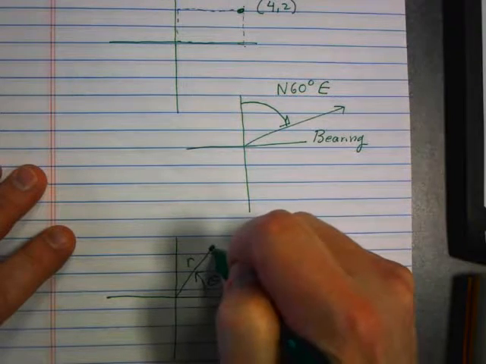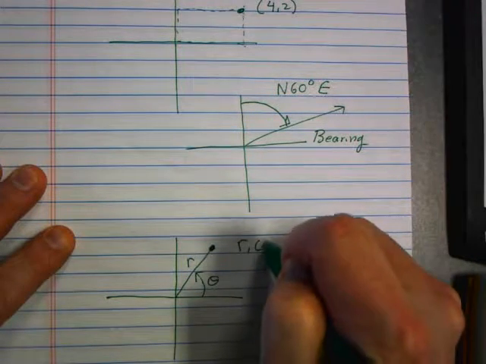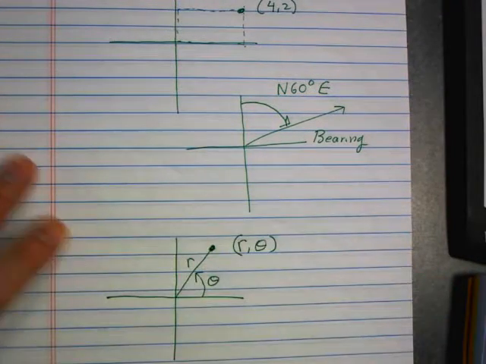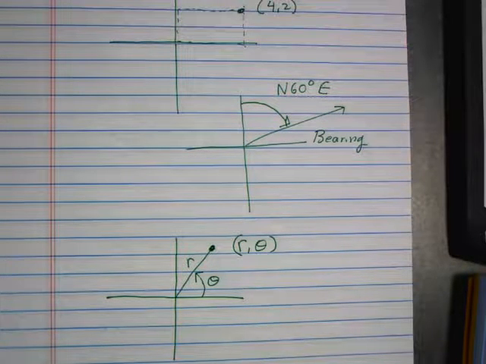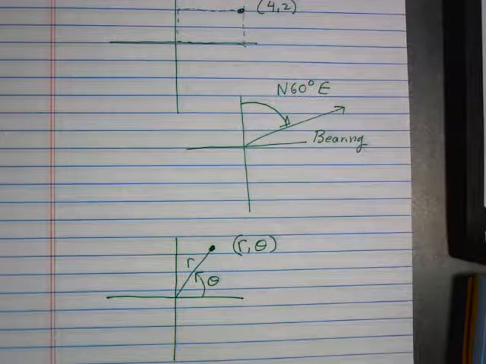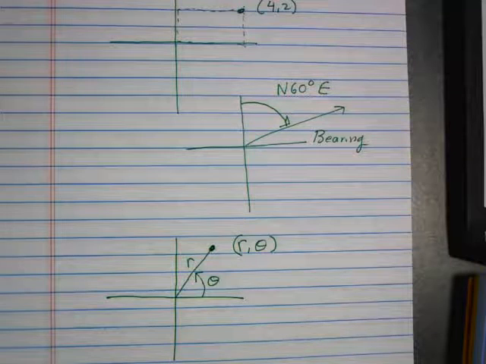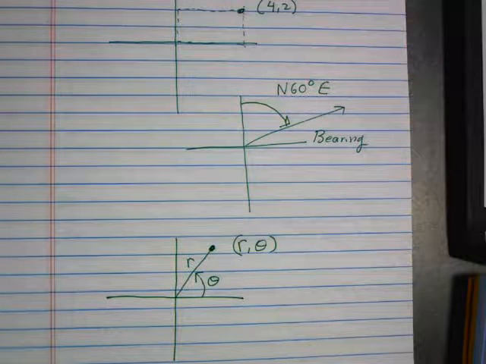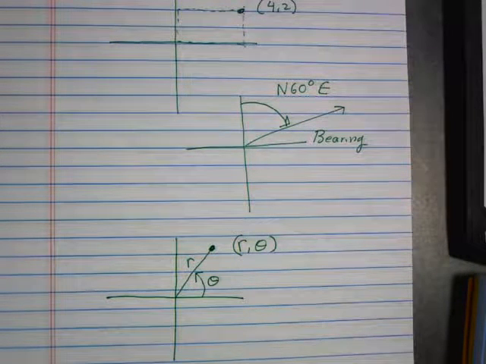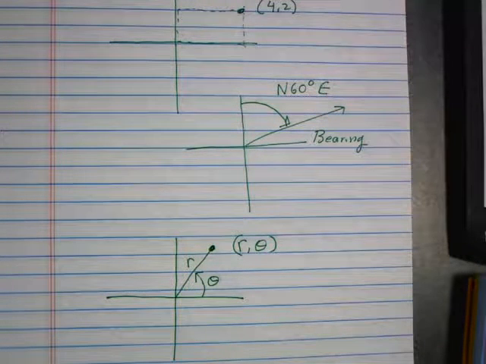So this point right here, instead of calling it x and y, we're going to call it r and theta, where r is the radial distance from the center, and theta is the angle. Questions on that? Why? We'll see why. Not today, but soon. Like Monday.